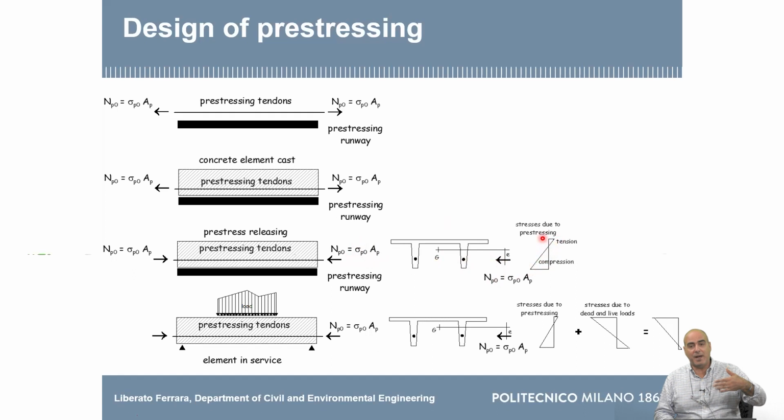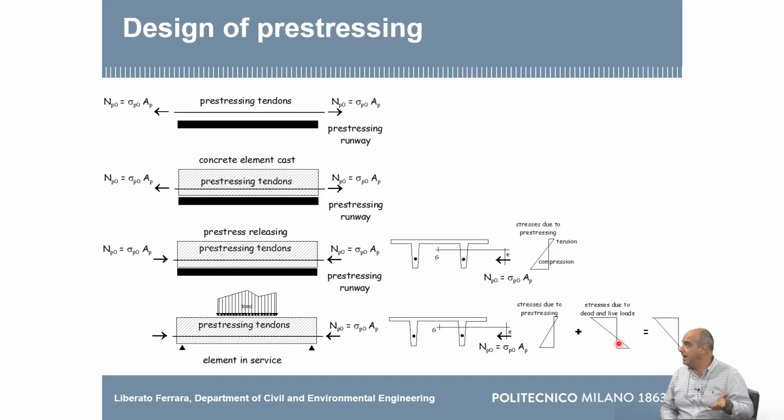As you start applying the dead loads and the live loads, you sum up to this stress distribution, which changes over time, as we will see. You start summing up stress distributions like this. So in the end, you start from a compressed bottom part and a stretched tensile top one, and gradually you change it.